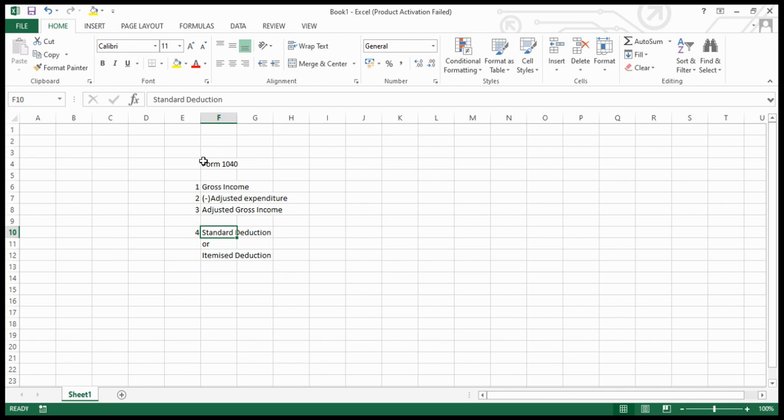Again to repeat: first gross income, thereafter adjusted expenditure. If we deduct that amount, we get adjusted gross income. These line items we call above-the-line deductions. From this, we can take out standard deductions or itemized deductions. This is the format we have.